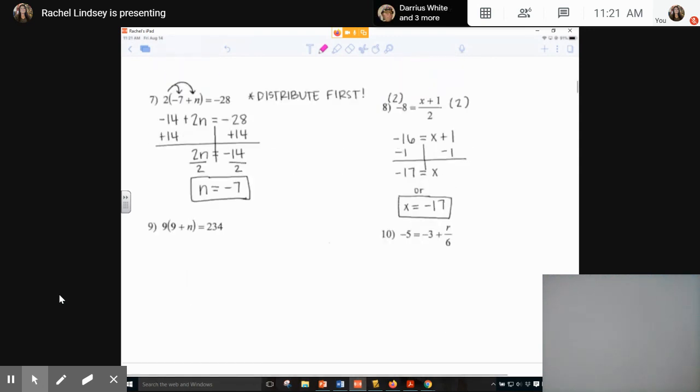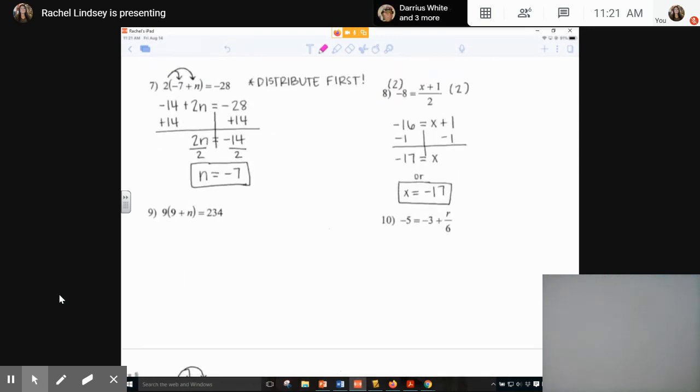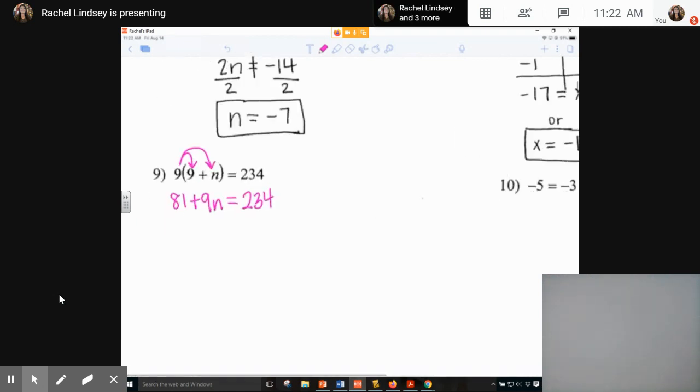So on number 9, going to distribute that 9. What's 9 times 9? 81. 9 times n, 9n, and then that equals 234. So now, with that, what do I need to do?